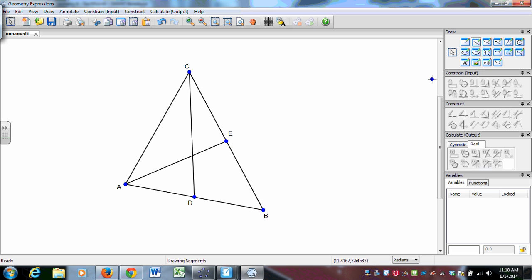It is no surprise that these two medians cross. It is no surprise at all.